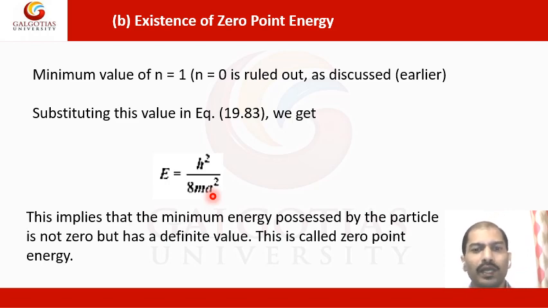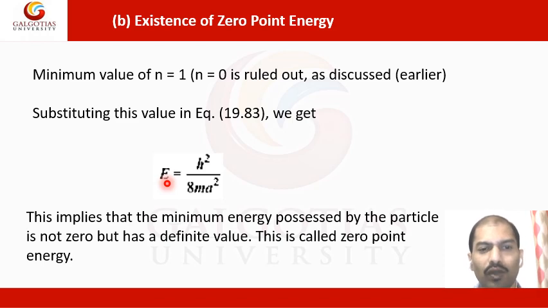Here the meaning of zero point energy does not mean you have to put the value 0 in the place of n. You should not put the value 0, as we discussed earlier in the Bohr model. If you put n value 0, then obviously this whole value will come 0, so that is not taken.